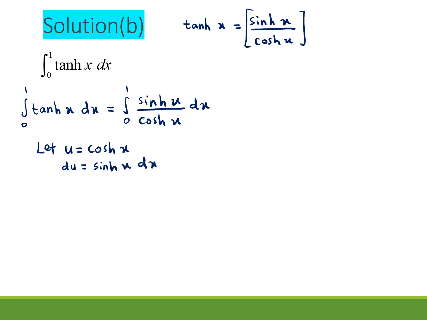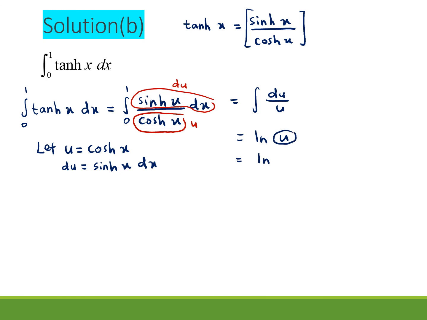So now our integration is fully in u, because cosh x is represented as u, and sinh of x dx is now represented as du. So we have the integration of du over u, which is actually ln u, where we substitute u with cosh of x.